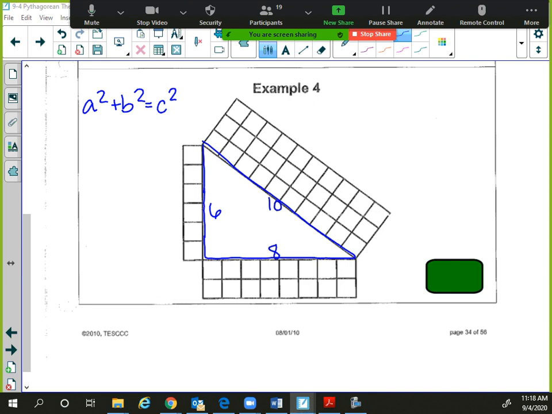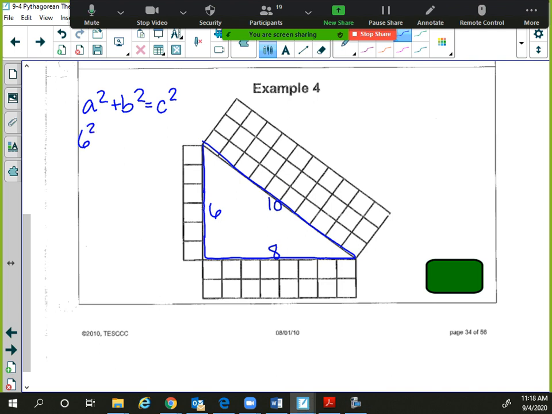Very good. Okay, so remember, I go A to C, I go smallest to largest. That's always just a way to make sure that C is always your biggest number. So 6, and it was not squared because we just knew the side length.